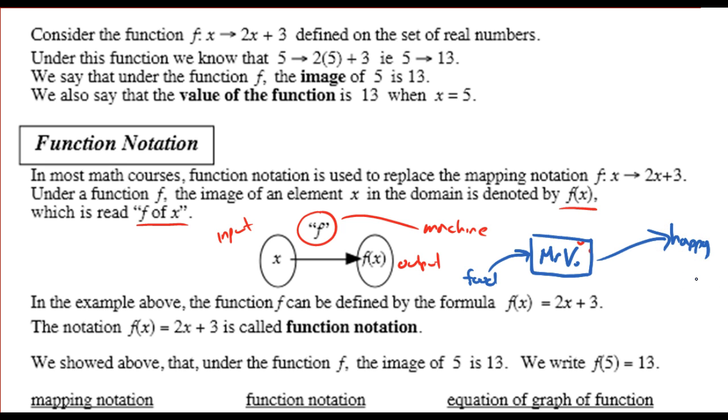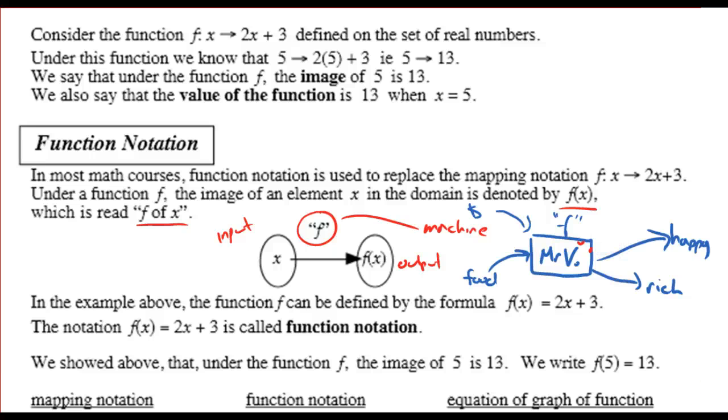If I give Mr. Vidich money, the output is he will be rich. So that's a funny way of looking at what a function is. We'll call it f, or you can call it anything, any letter will be fine. The input is food and money, and the output is happiness, and I'll be rich if I have money.